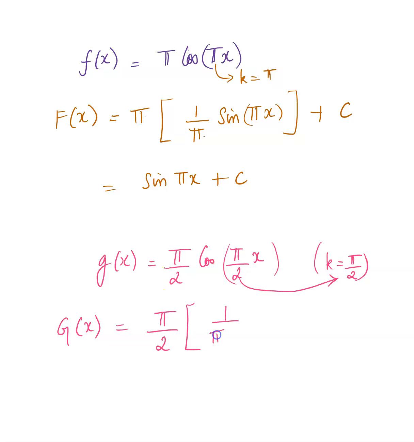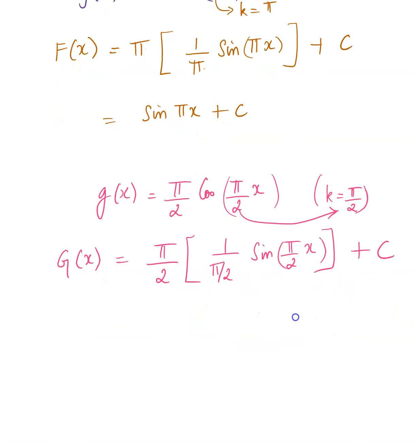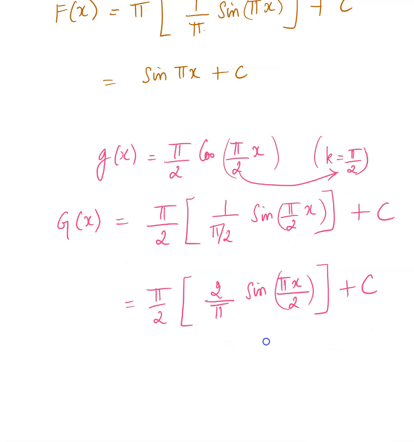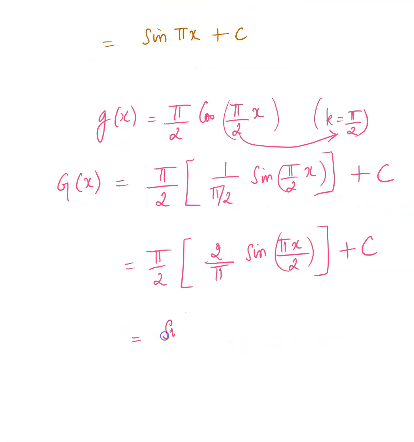Okay, so it's 1 over pi over 2 sine kx, so pi over 2x. That thing is done, and then you add a c at the end, plus c. So that's pi over 2. This will become 2 over pi sine pi x over 2. Let's see, the pi's and the 2's will cancel each other, leaving us with sine pi x over 2 plus c.